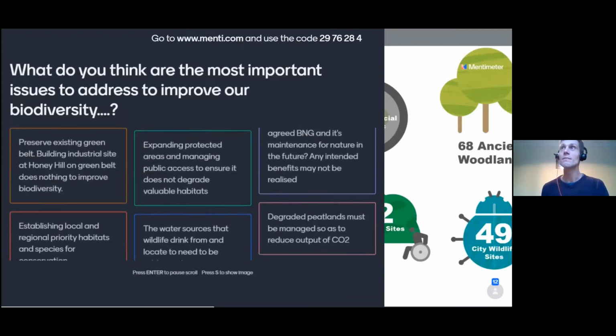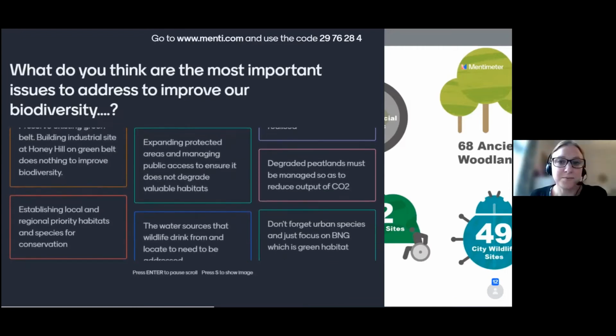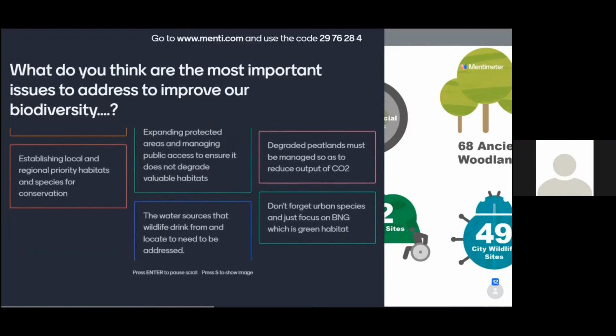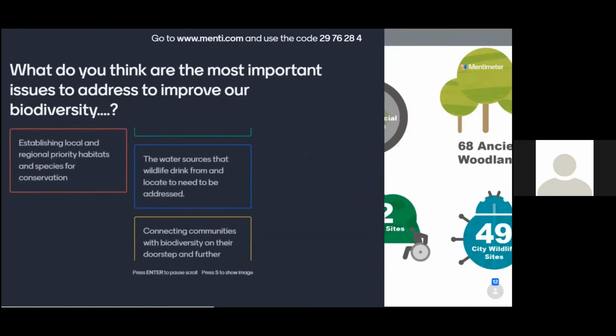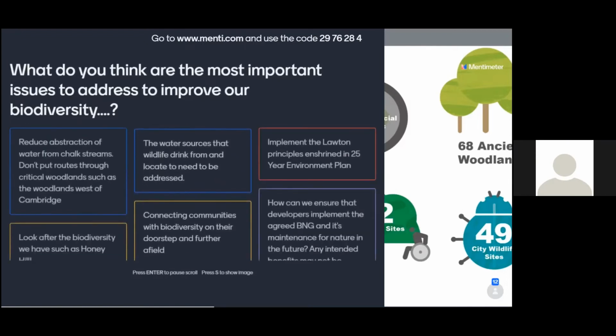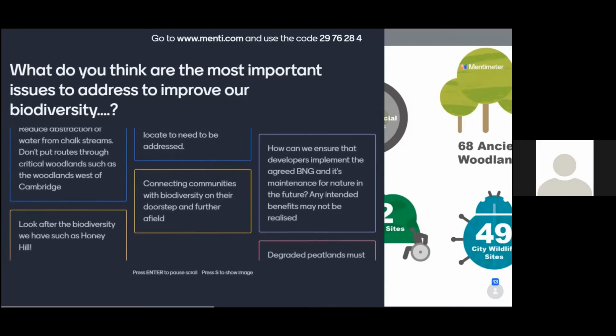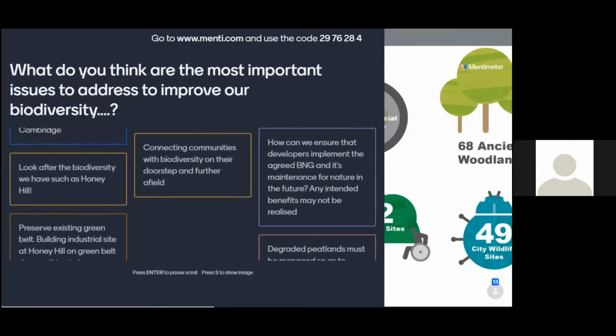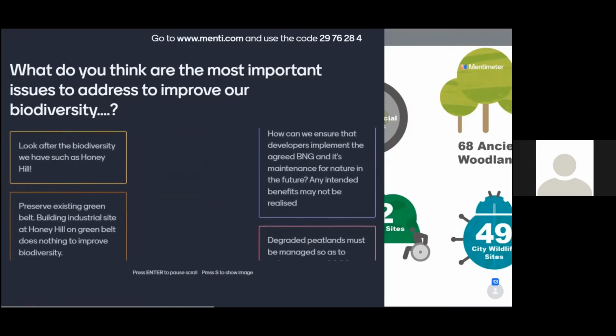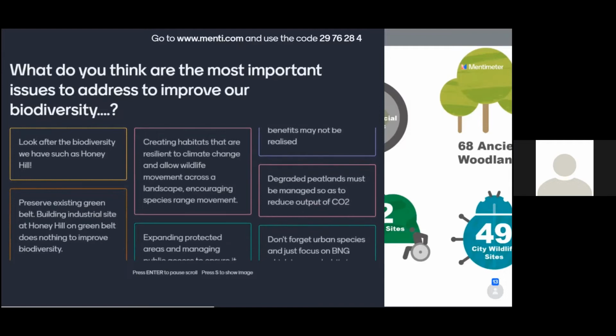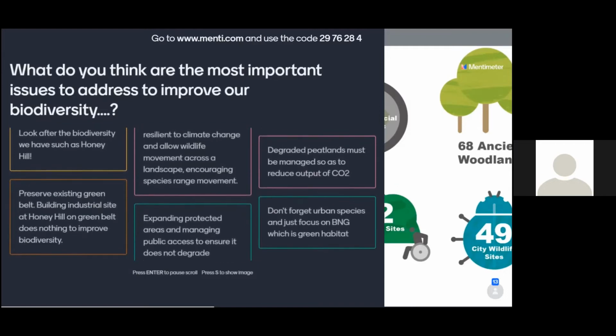There's an interesting one about peatland, which again overlaps with our climate change evidence. That picked up on the issue of protecting important carbon sinks when you're planning for future development. So again, that's an evidence-based link with the climate change evidence, which is also in the document library.